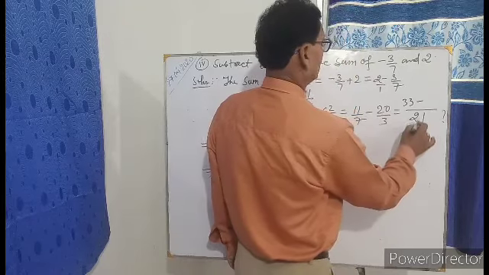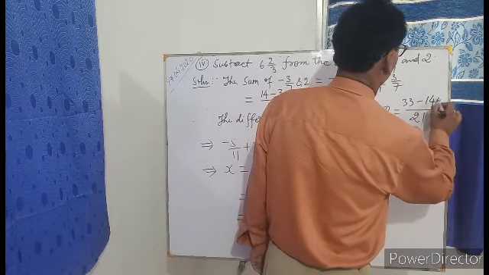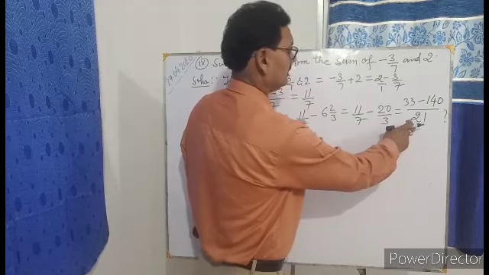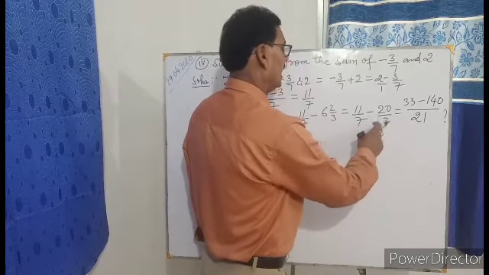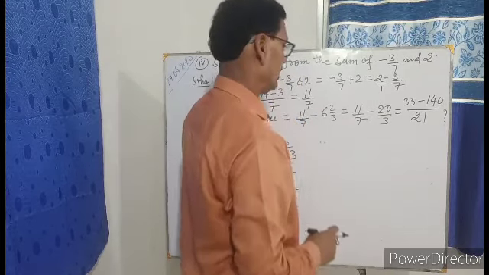So 7 3s are 21, and 3 11s are 33. Minus, 3 7s are 21, and 7 into 20 is minus 140.